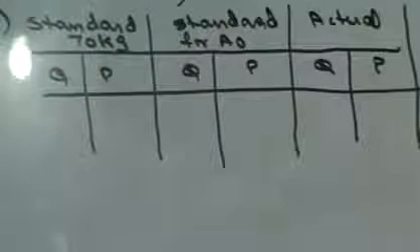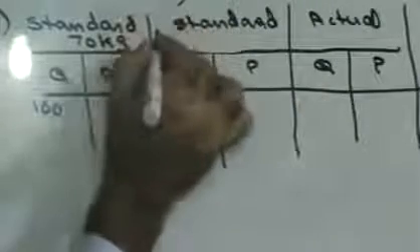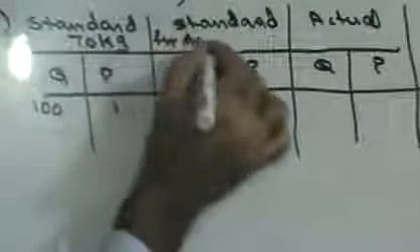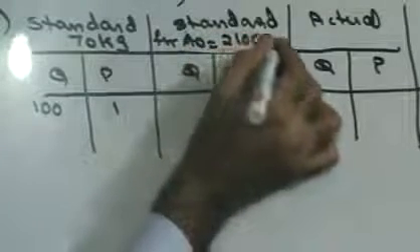They've said that standard material for 70 kgs of finished product is 100 kgs. Standard price of the material is 1 rupee per unit. Actual output is 2,10,000 units. Actual material used is 2,80,000.